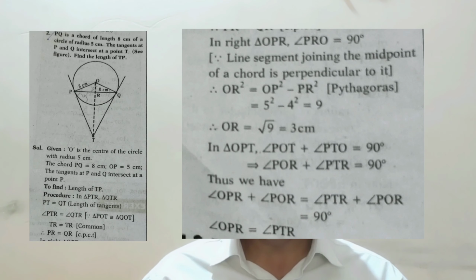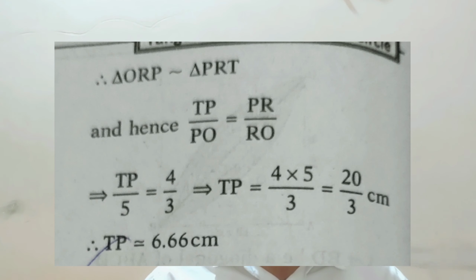And next, one more important proof here. PQ is a chord of length 8 cm of a circle of radius 5 cm. The tangents at P and Q intersect at a point T. Then find the length of TP.